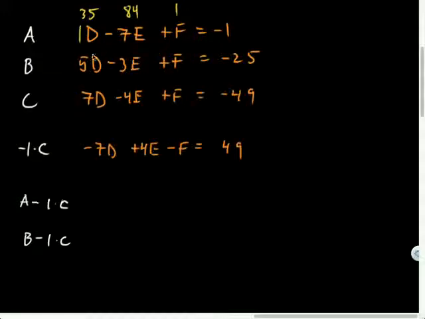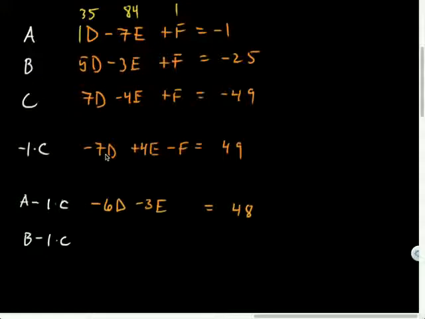So let's do a and -1c, a plus this, right? So 1d plus -7d is -6d, -7e and 4e is -3e. The f's cancel out like my evil plan had figured out, planned in advance. 49 and -1 is positive 48, right? Let's do b and -1c.